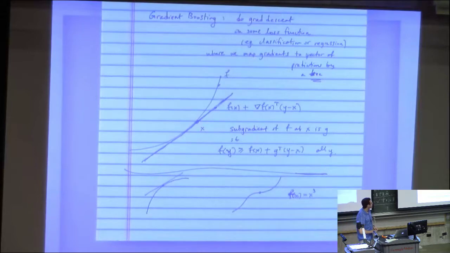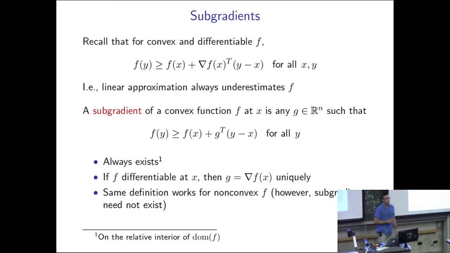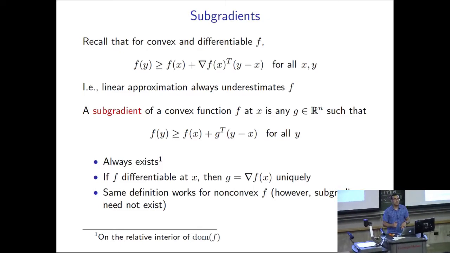For convex functions, subgradients always exist. There's one small caveat, which I put as a footnote: they always exist on the relative interior of their domain. The domain is the set of points for which the function is defined and finite. Relative interior just means that if the domain is not full dimensional, then it's the interior with respect to the subspace on which the domain lies. But you can just think of it as points away from where the function is infinite.